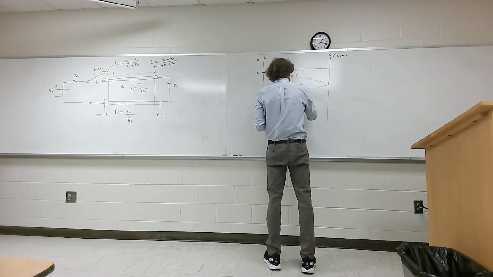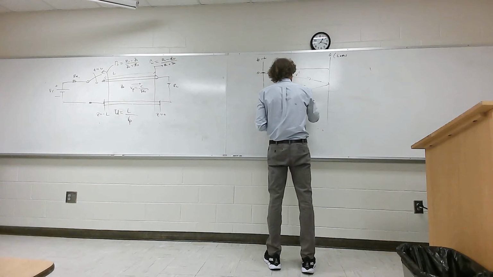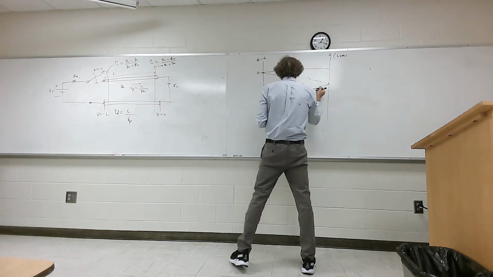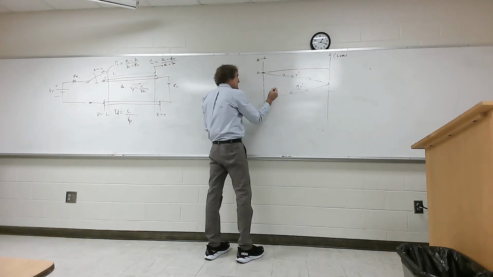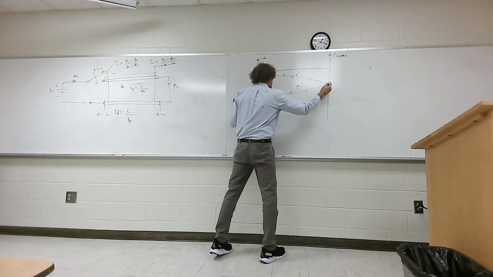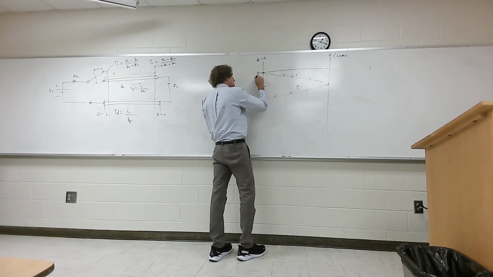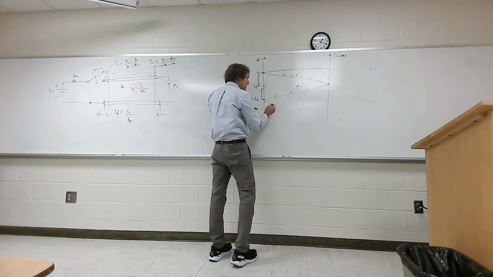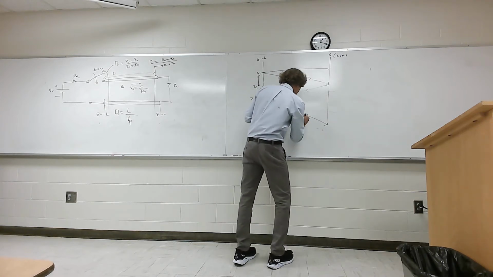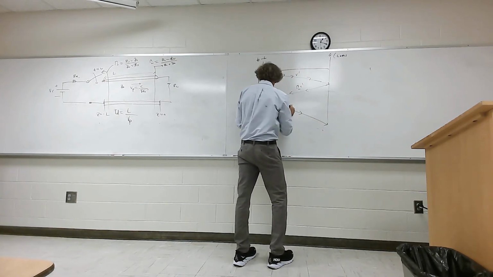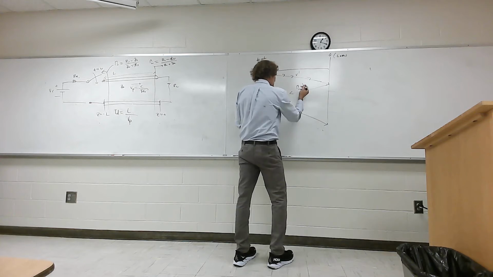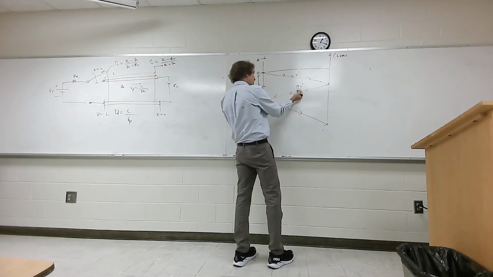This is going to be the reflection coefficient at the load times V prime coming back this way. The time it took to get from here to here will be TD. The time it takes to get back here would be 2TD, still with a spacing of TD there. Then from here it would go down and hit this point, and that would be V prime times the reflection coefficient of the load.